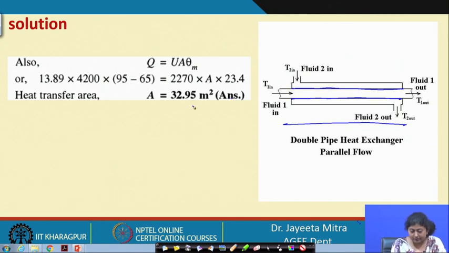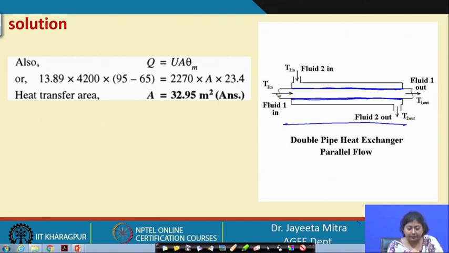Now, since here only the area is given and U is already given to us, we need not bother about inside and outside area. So, here this area will be the outside one. Thickness is not known to us.